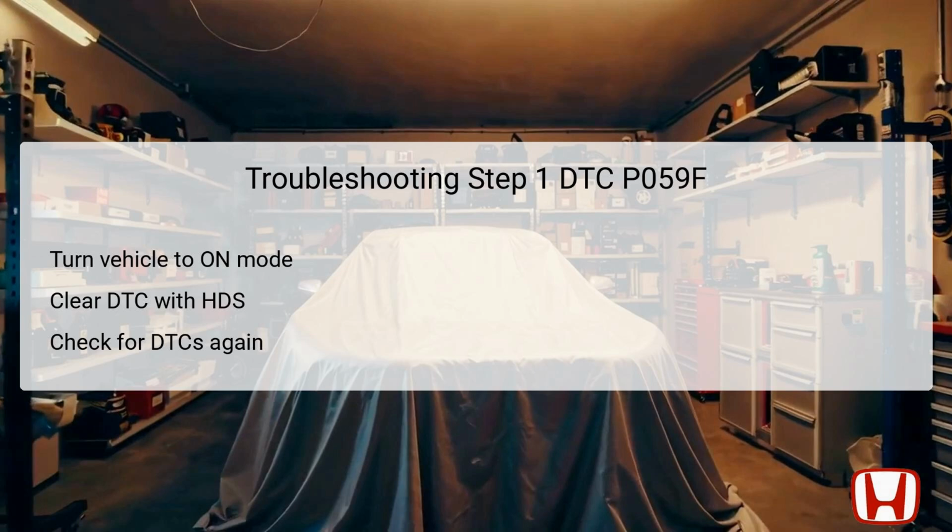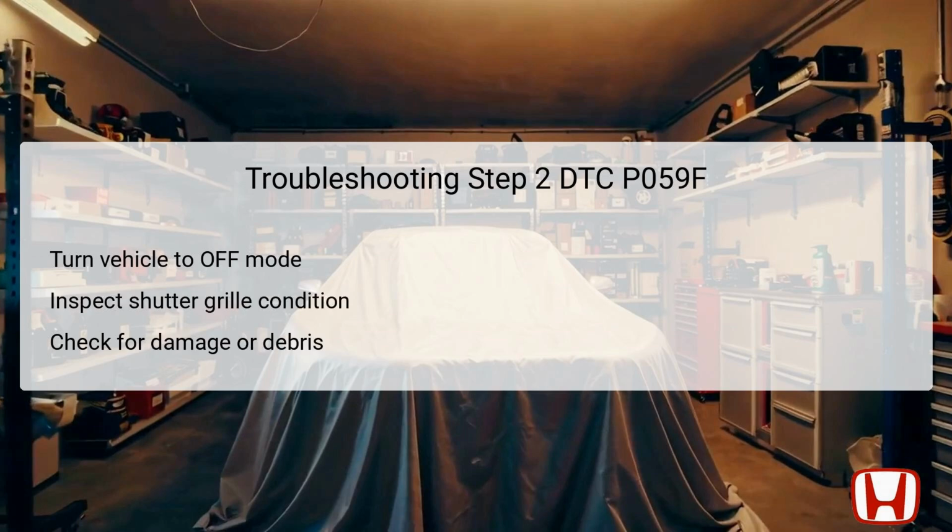After clearing, turn the vehicle off completely and then restart the engine, allowing it to idle. Following this, utilize the HDS again to check for any pending or confirmed DTCs that might appear. This step is crucial as it helps establish a baseline for whether the fault is still present in the system.